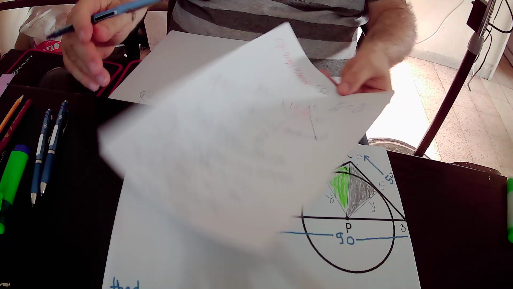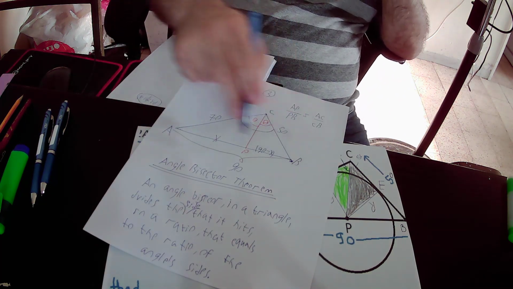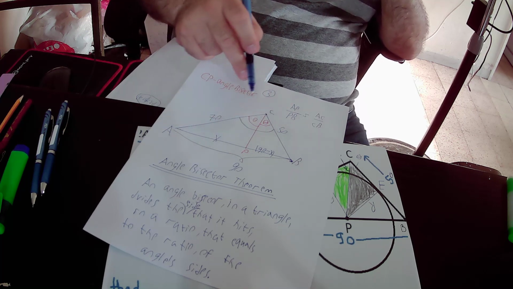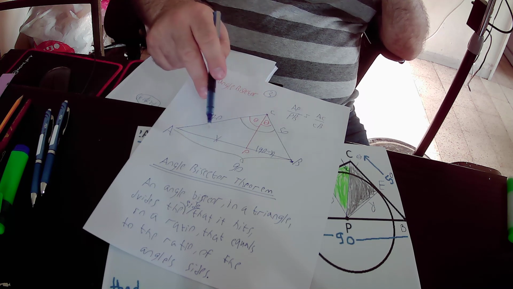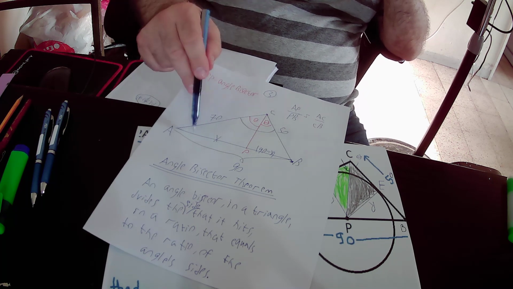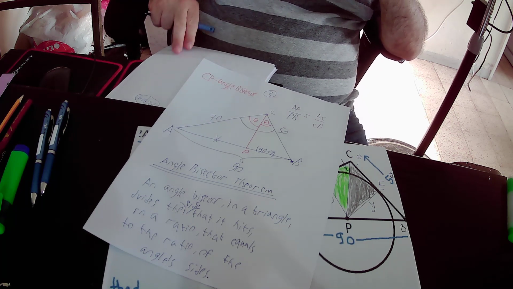AB is 90 units and AP is X, so PB equals 90 units minus X. Okay?